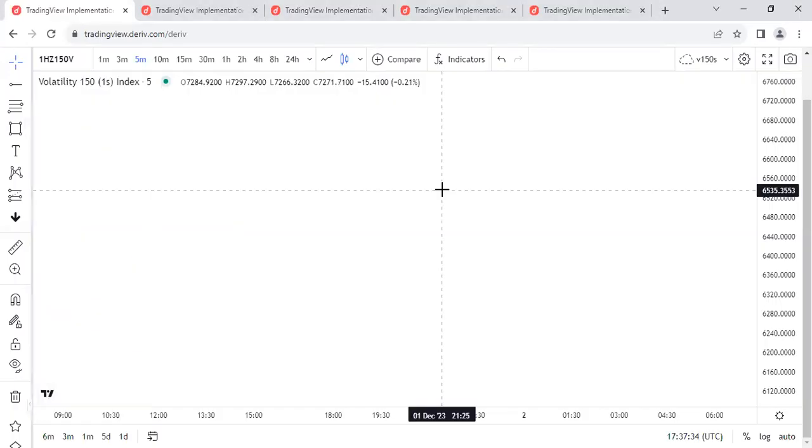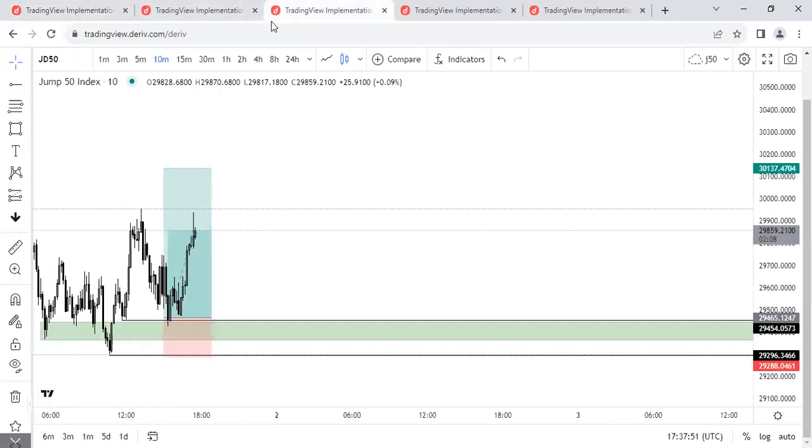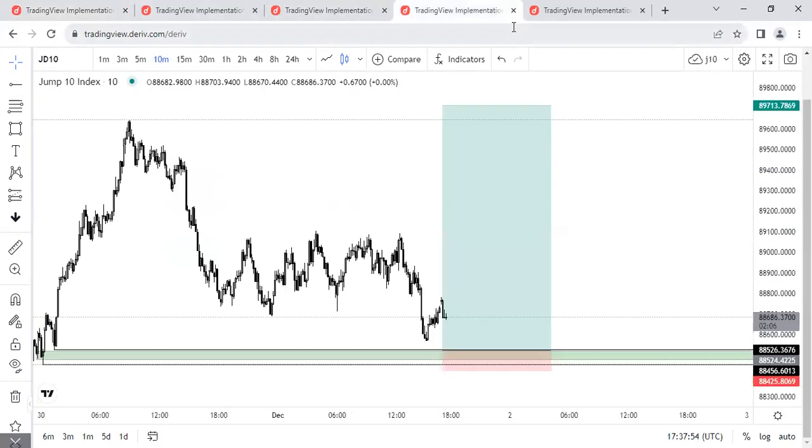You need to understand the movement of price action. Price action is key. I hope you guys are jotting this down. Price action is key. Very, very key.